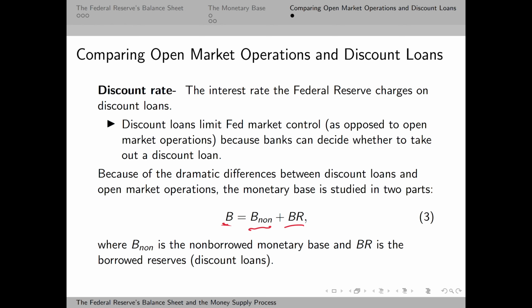And in the context of this class, it's not super important to differentiate between them, but if you do further study in monetary policy, it's going to be important to separate between non-borrowed money and borrowed reserves, these discount loans, because these discount loans are quickly going to vanish from the market.